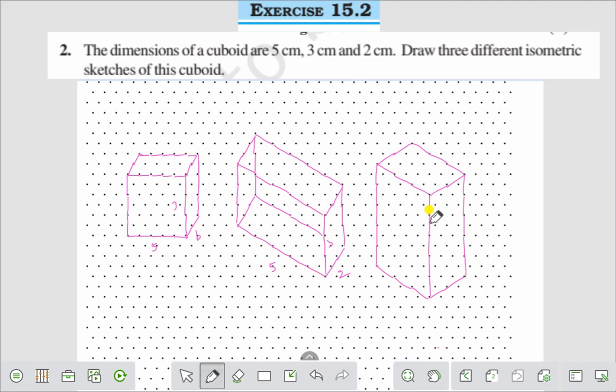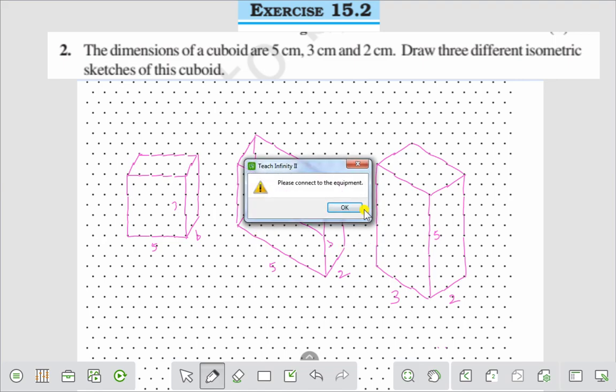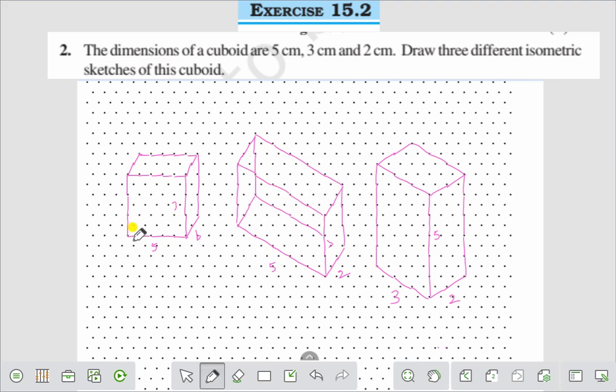Here you see that the height is 5 unit and the breadth is 2 unit, and this is 3 unit. That means we have taken the cuboid in this way, right? There are 3 different isometric sketches of this cuboid.